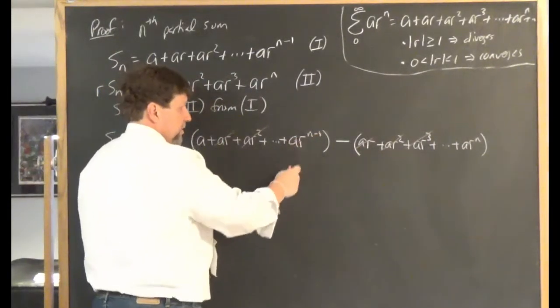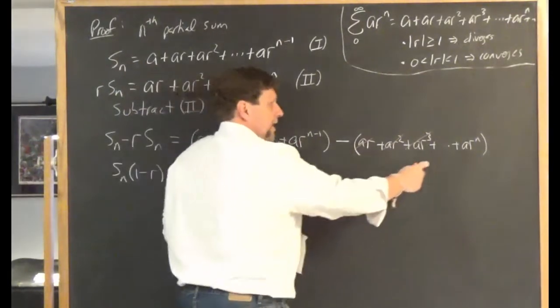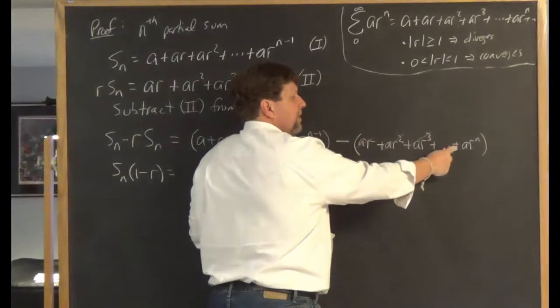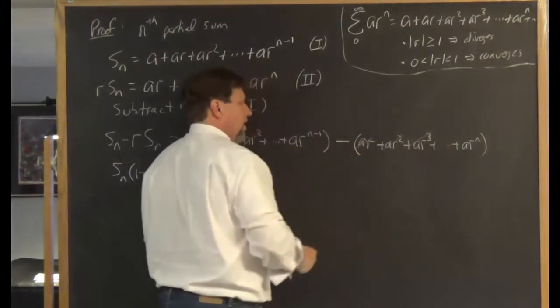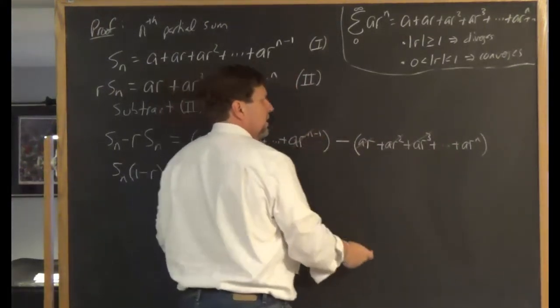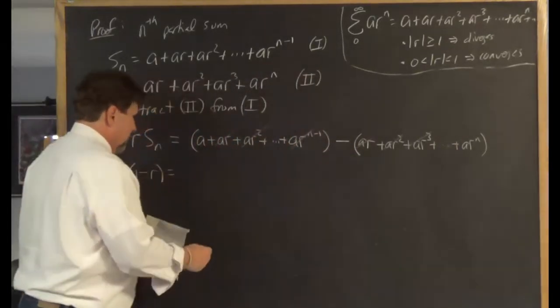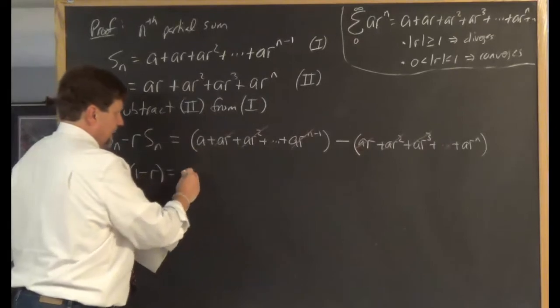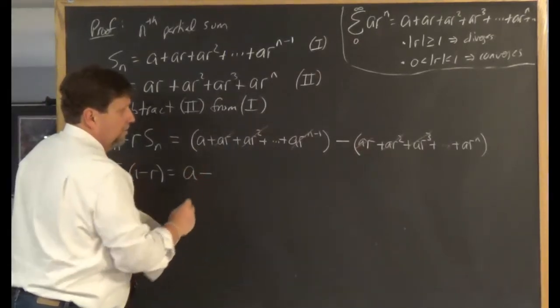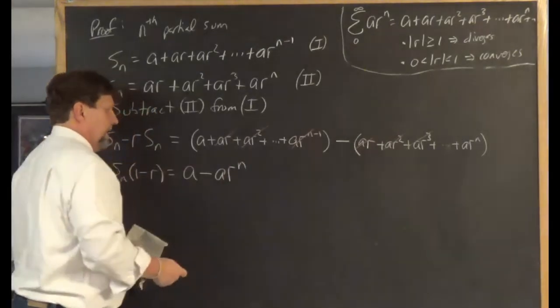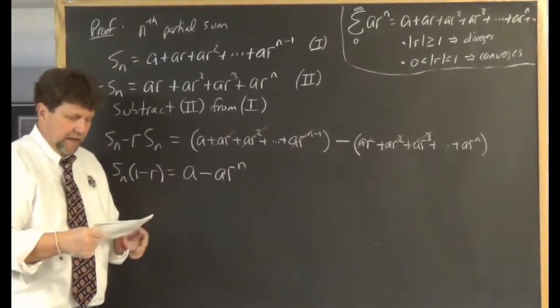AR to the n minus 1, I think that would be the term that would appear right here, right before this plus sign. It cancels out with that term there. So look at what you're left with. On the right-hand side, you're just left with an A minus AR to the n. Well, that looks pretty nice. Things have collapsed down nicely.